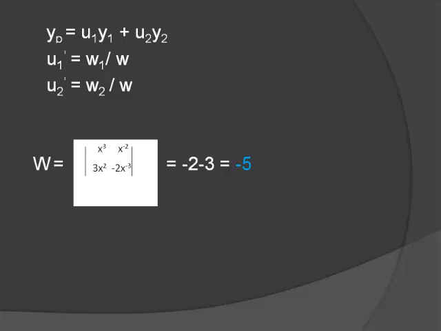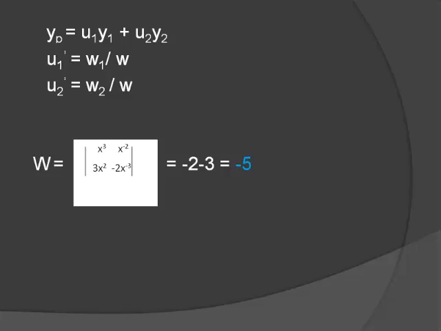So our w is equal to x to the 3, which is our y1, and we have x to the negative 2, which is equal to y2, and the 3x squared there is our derivative of y1, or the derivative of x to the power of 3, which is equal to 3x squared, and the derivative of y2, which is equal to negative 2 x to the negative 3.